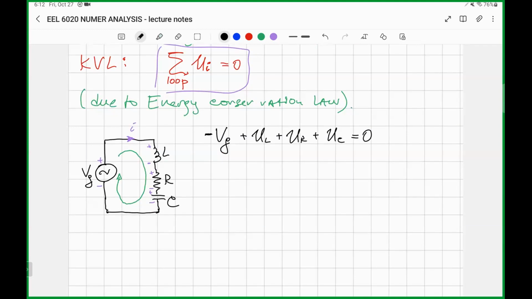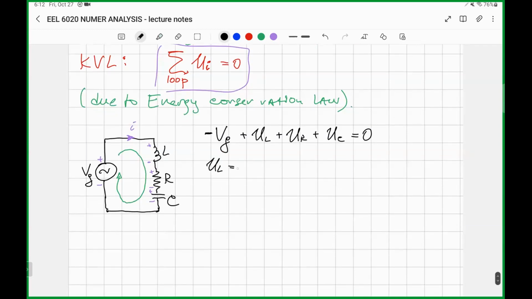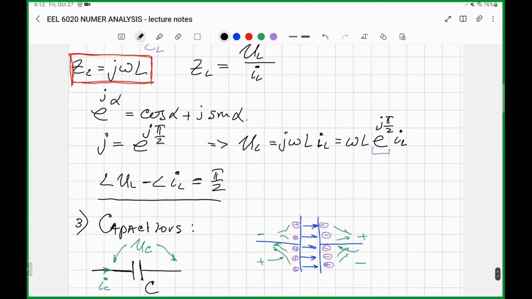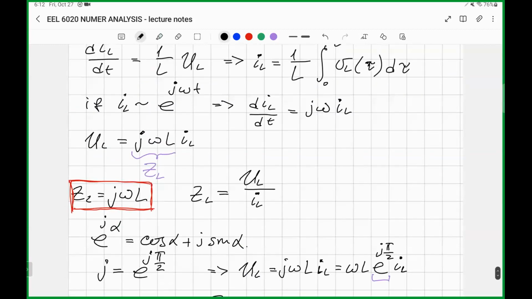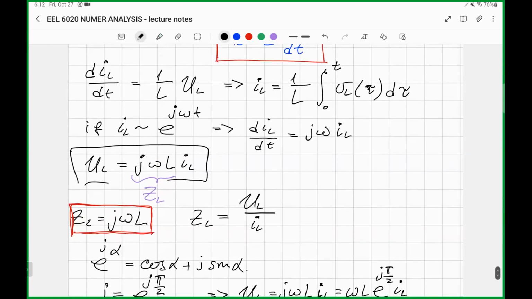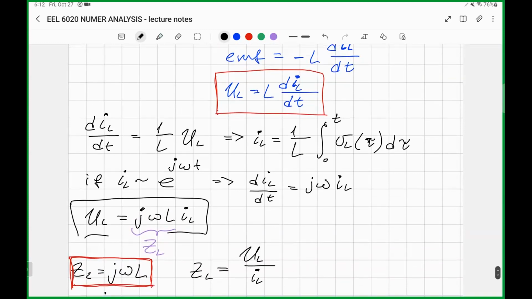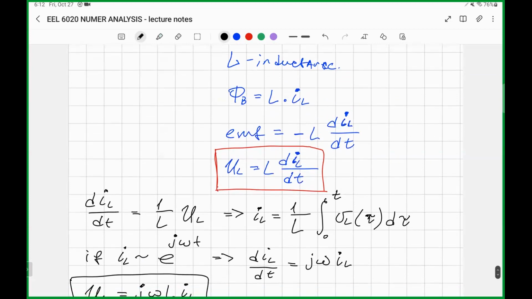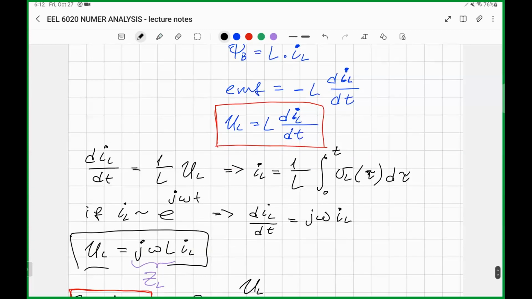Right? So what is the voltage drop across L? We have the formula here. The voltage drop across L is equal to this formula over here, or in a general case of any field, of any current, we have this formula in the red frame.